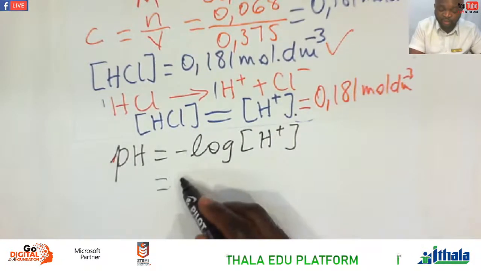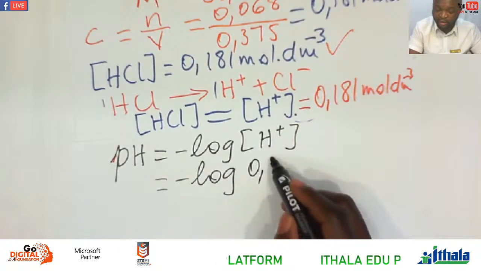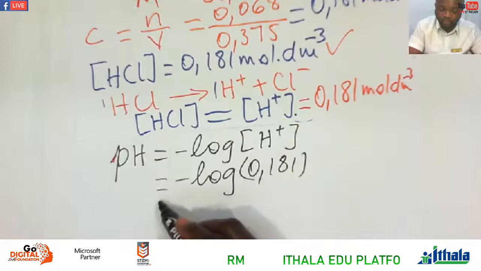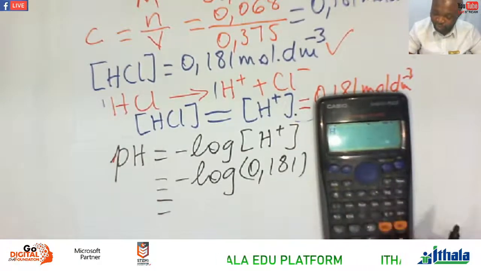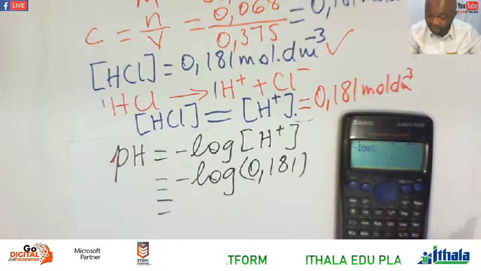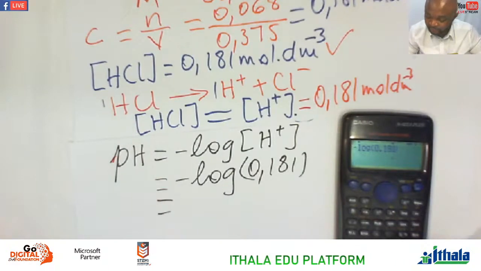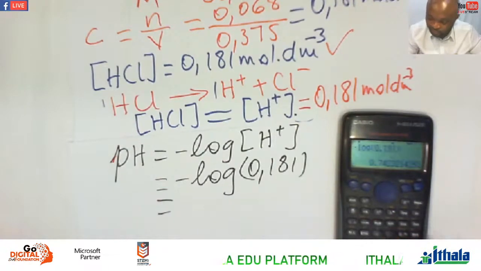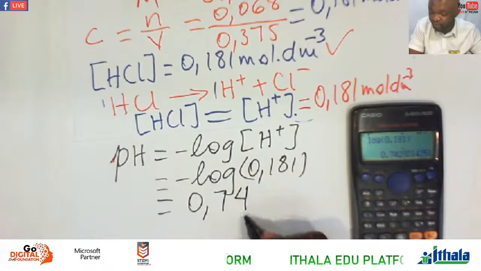So from this one we'll have minus log, so a concentration is 0,181. So my calculator, so the minus log from your calculator, minus log of 0,181. Spell abani 0,74. 0,74.